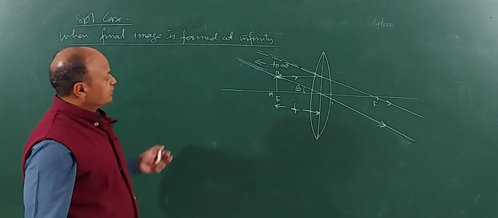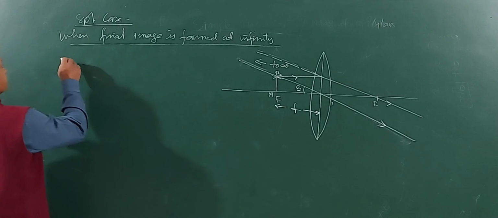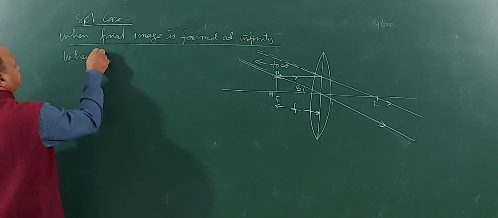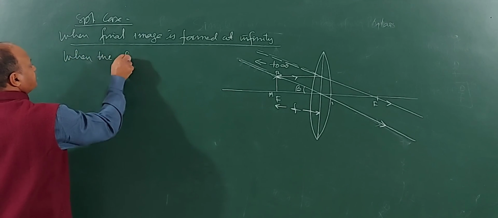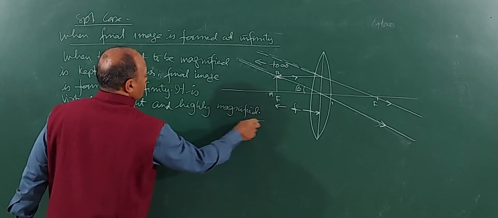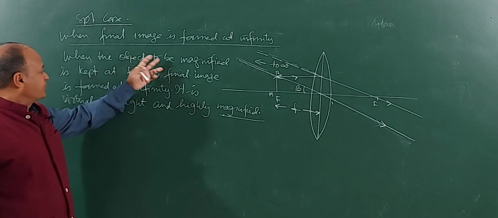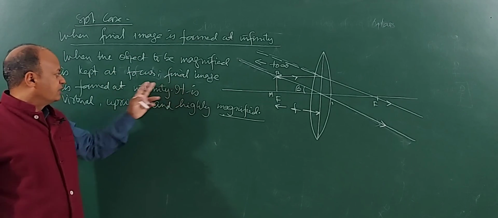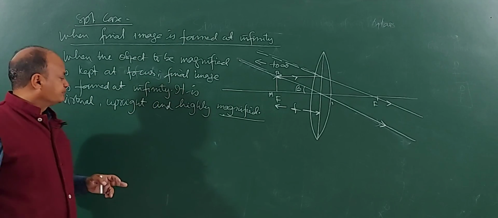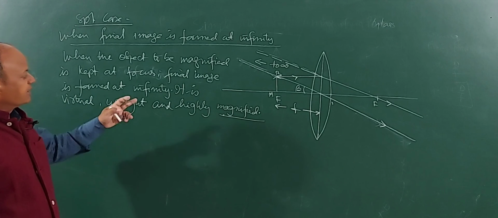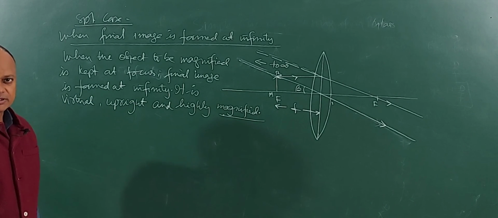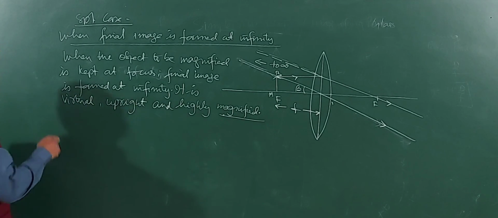Then we'll be writing that when the object is placed at focus, the final image is formed at infinity. It is virtual, upright and highly magnified. Clear? Now what will be its magnifying power, children?